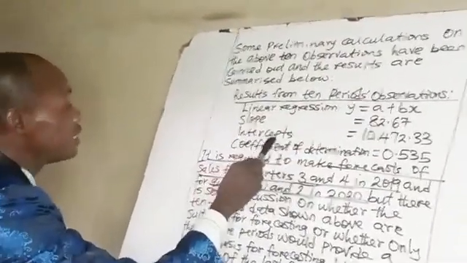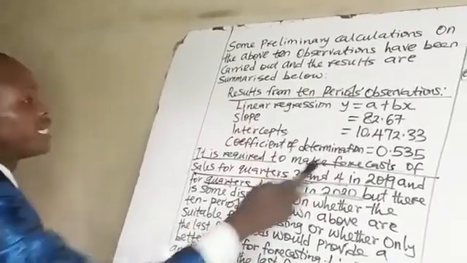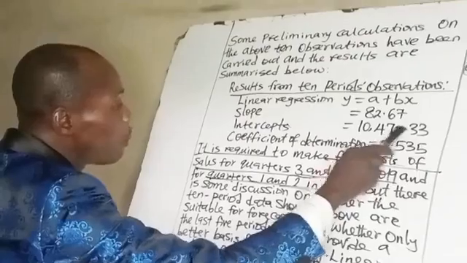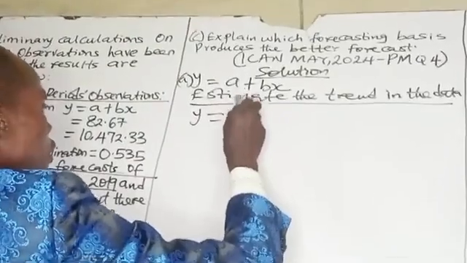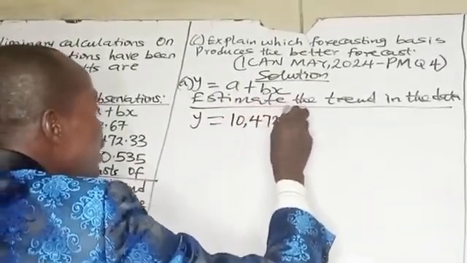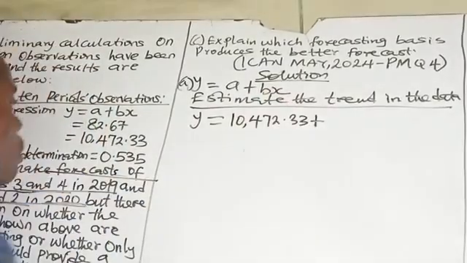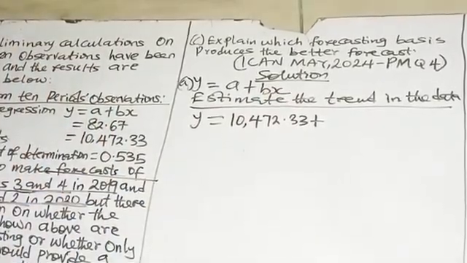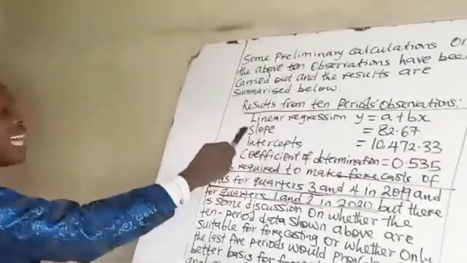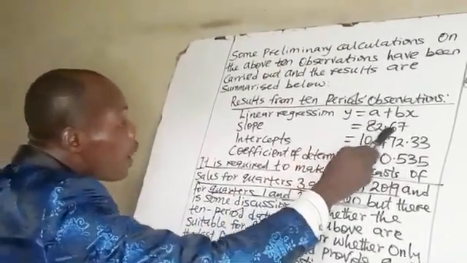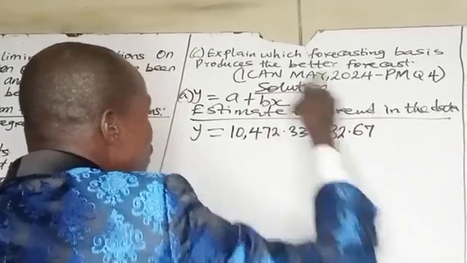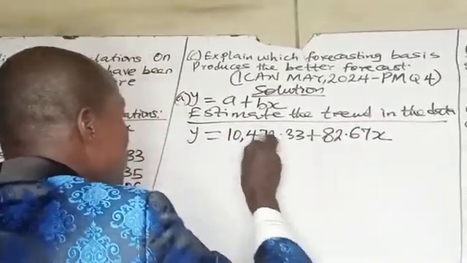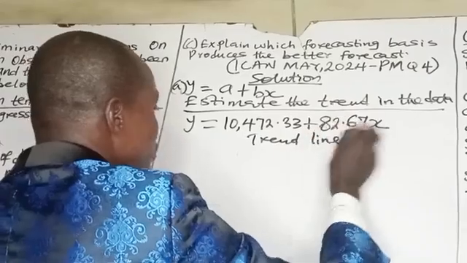The value of a is the intercept, which is 10,472.33. So Y equals 10,472.33 plus b, where b is the slope, and that slope is given to be 82.67, then we have x. This is the trend line.